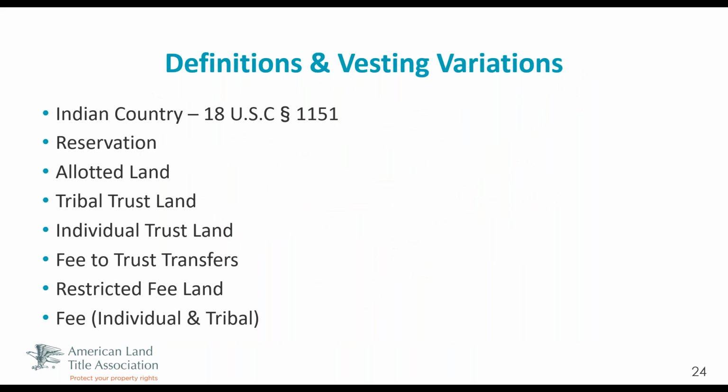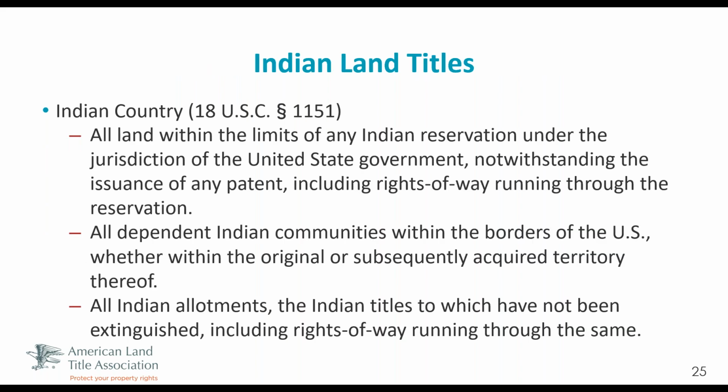But first, when we talk about Indian land titles, it's helpful to understand the terminology that's frequently used in that space. So this slide contains a list of vesting variations, all of which I will touch on here. The term Indian country is used frequently in federal statutes and regulations.